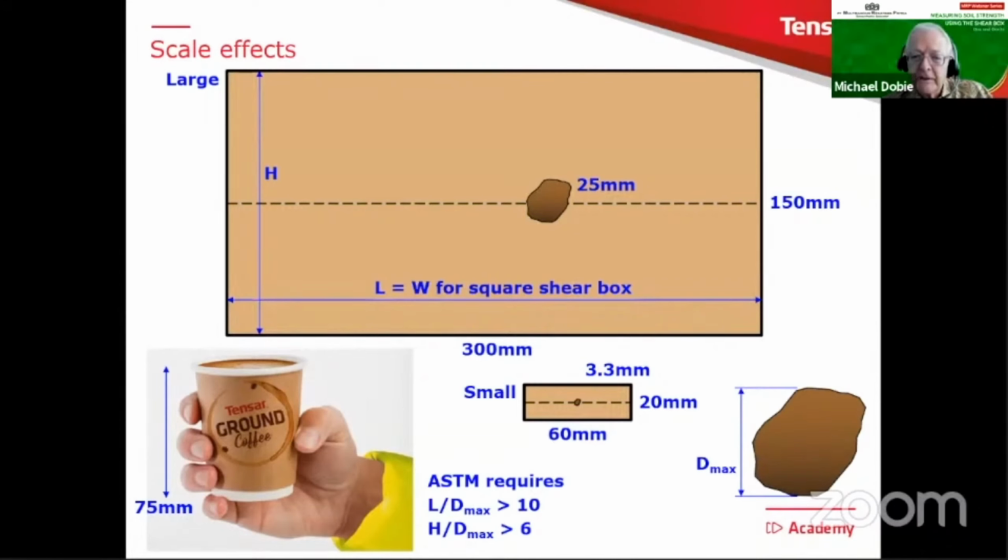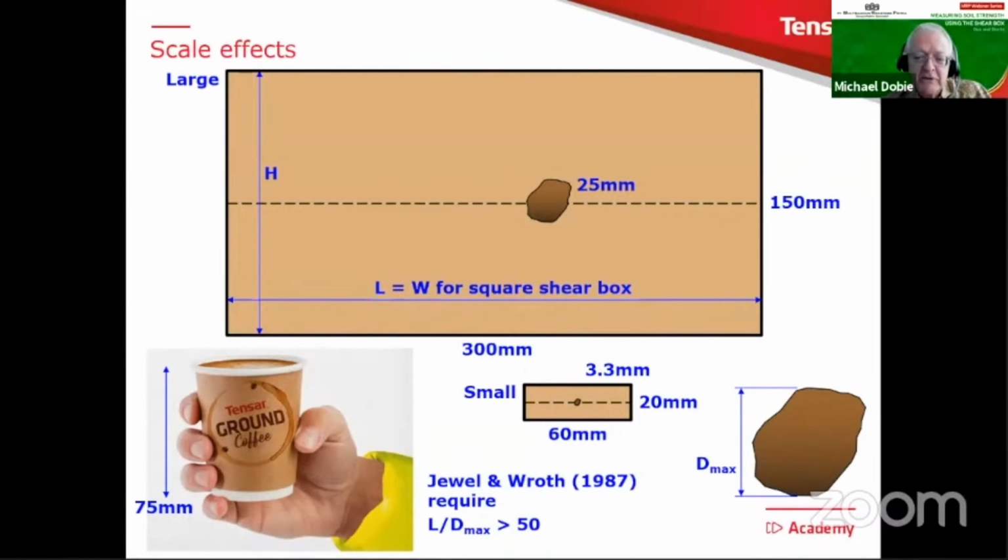But if you look further into the literature, you'll find some information published by two very well-known people, Joule and Roth. This is going back to 1987. And they were requiring that ratio, L over Dmax, should be greater than 50 to get a representative result.